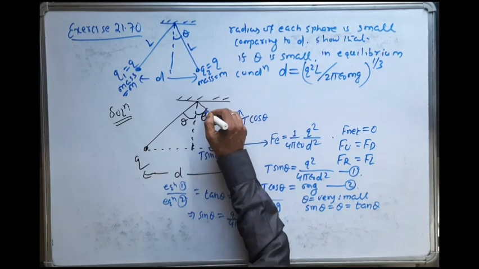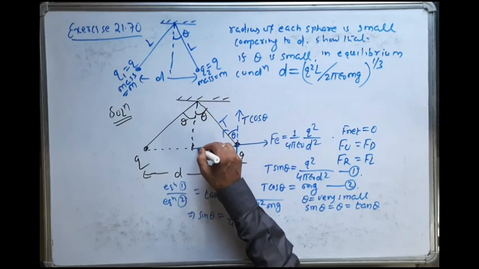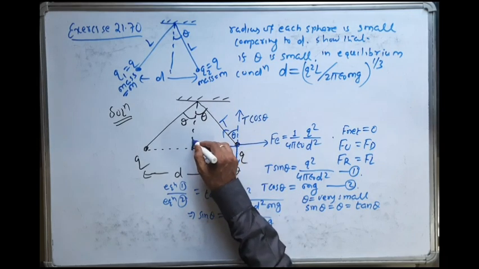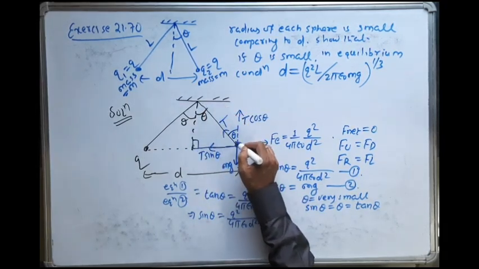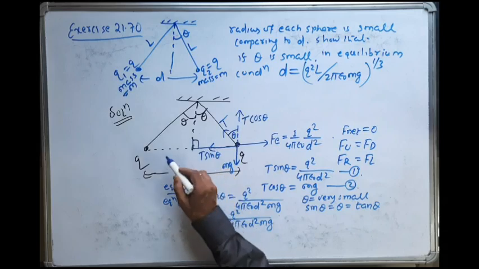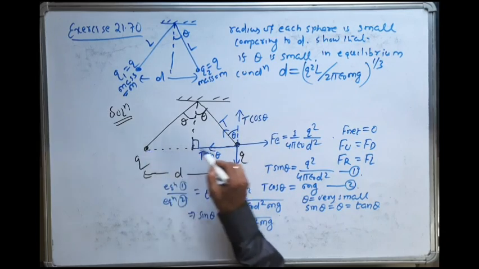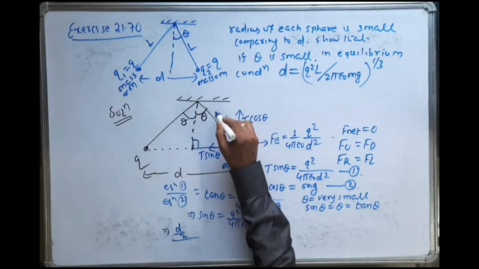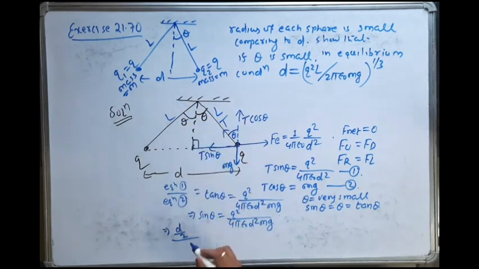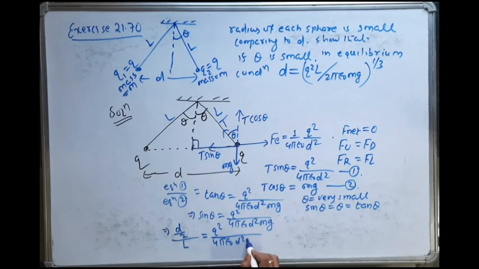You see, this is theta, and this is a right angle triangle. In front of theta, this is the perpendicular, and this is the hypotenuse. The perpendicular is nothing but half of d, since this is total d. So in place of sin theta I will write d by 2 divided by the hypotenuse. What is the hypotenuse? The length of the string, L. So it is equal to q square by 4 pi epsilon naught d square mg.